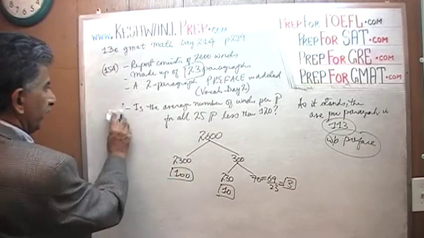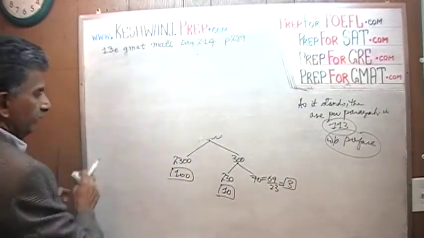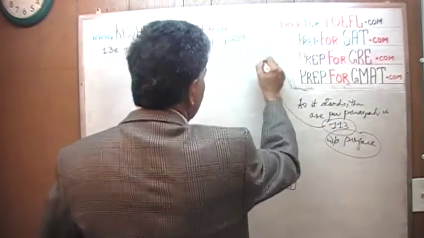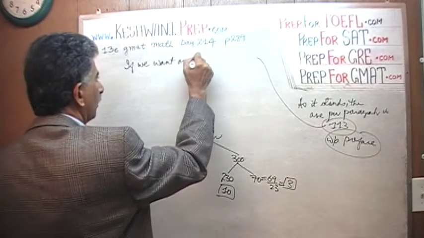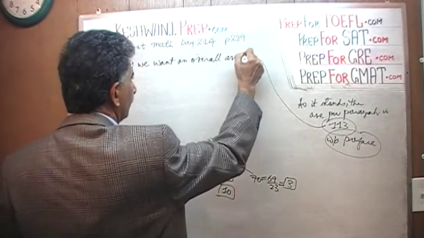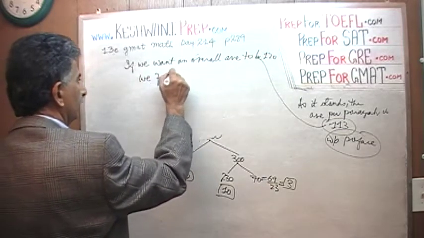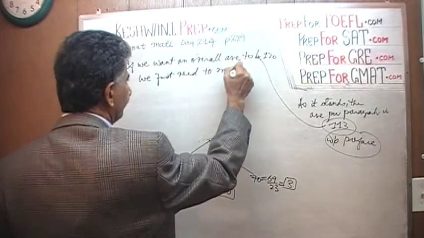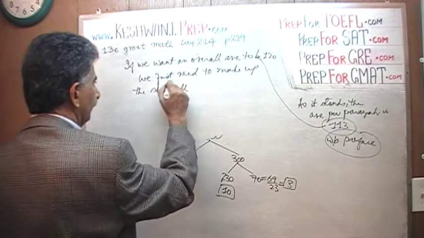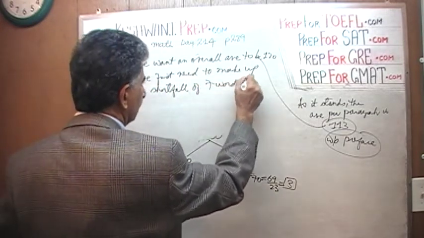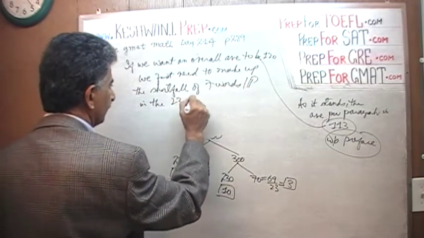I need the room, so I'm going to take the top here. Here's what's going on. Okay, listen, pay attention here. So far it's 113. If we want an overall average to be 120, we first need to make up the shortfall of 7 words per paragraph in the 23 paragraphs.